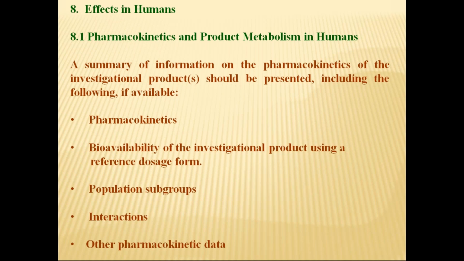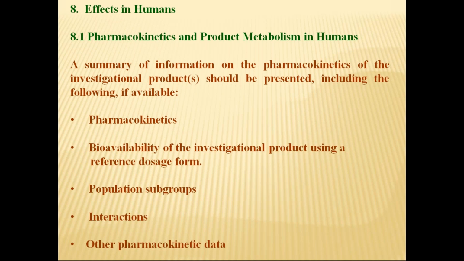8 is the effect in humans, product metabolism and kinetics. Summary, a brief introduction about pharmacokinetics of the product, like kinetics, bioavailability of the product, population subgroup, interactions, any other relevant data.